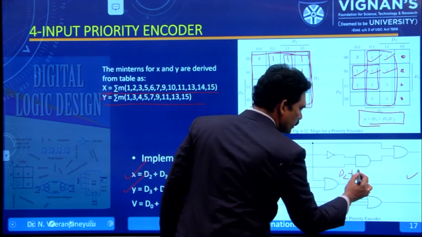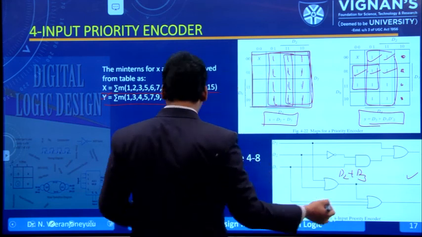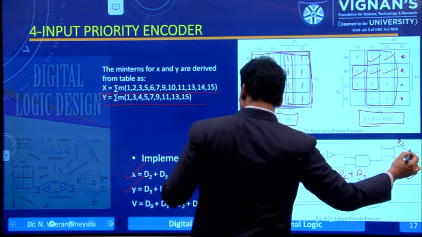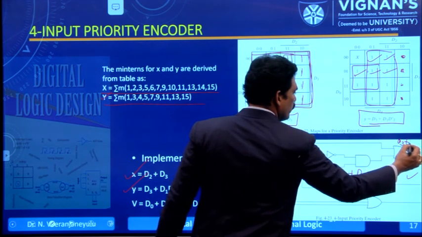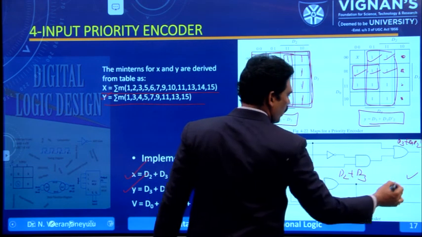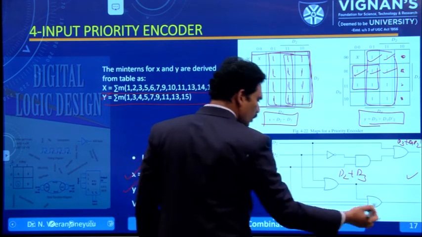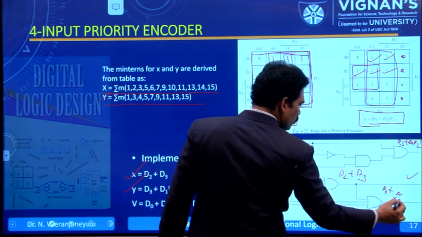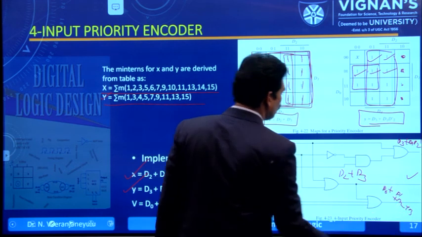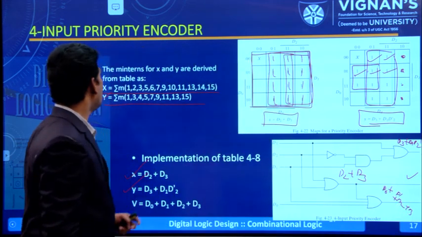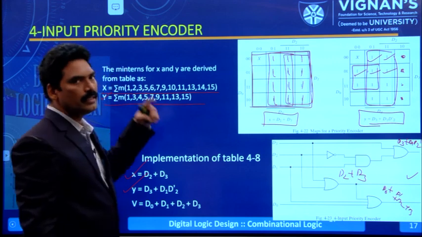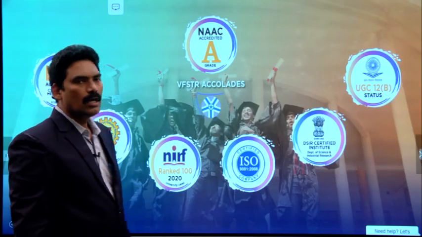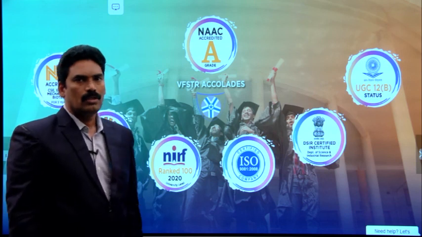Next, Y is equal to D3 plus D1 D2 bar, and the last, V is equal to D0 plus D1 plus D2 plus D3. This is about the 4 input priority encoder. Okay, thank you.